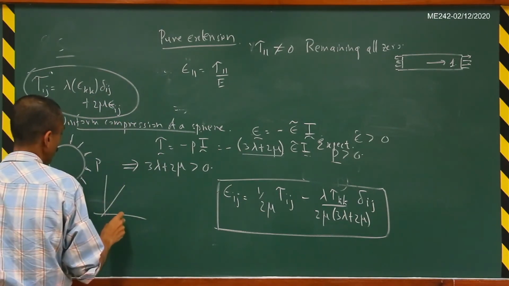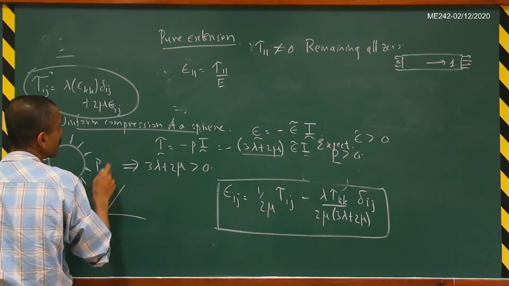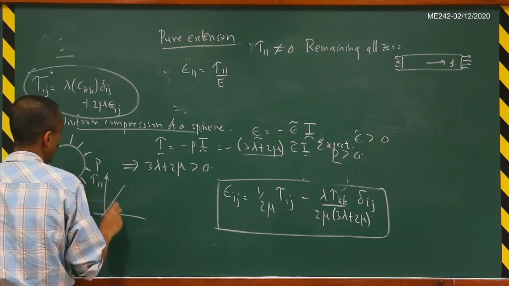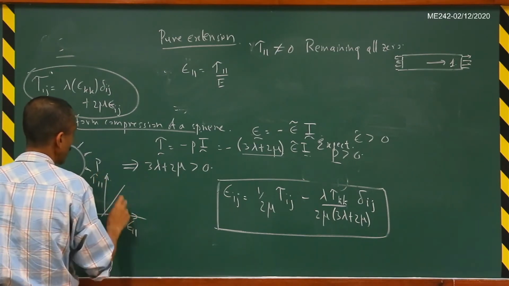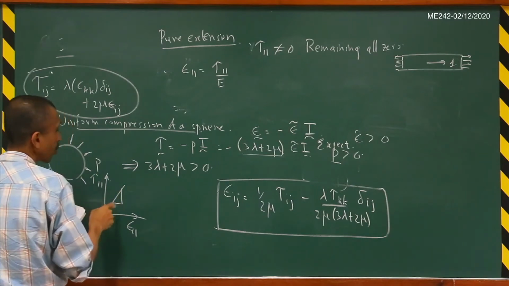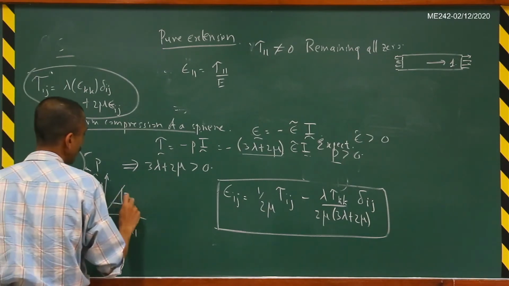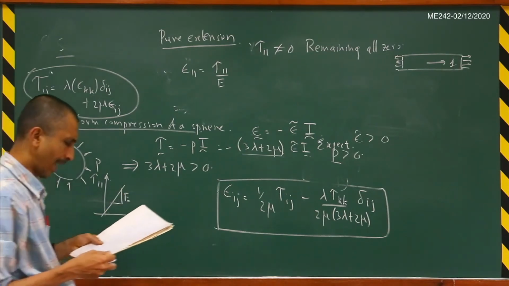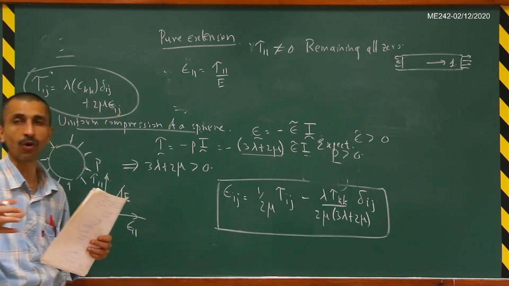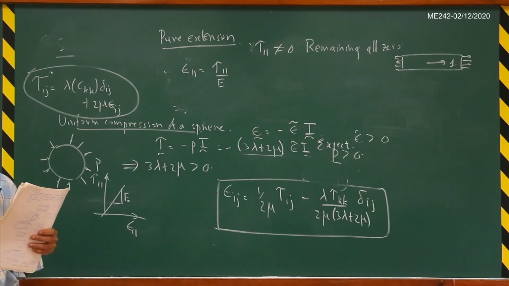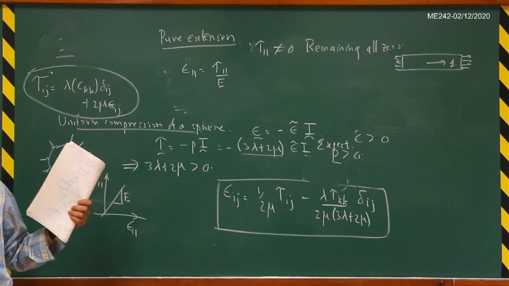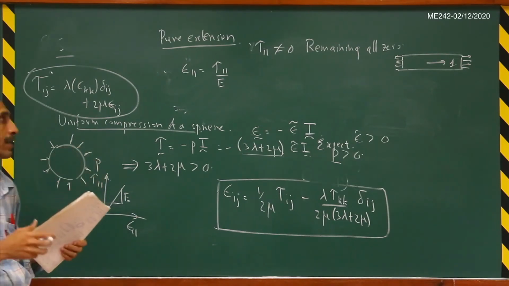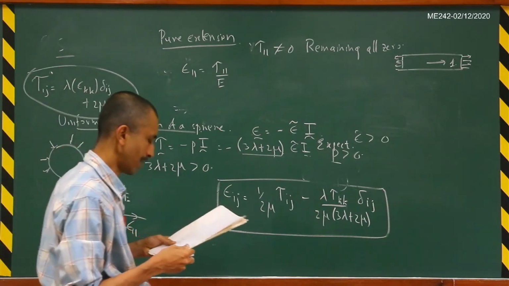So this is my stress, tau 11, and this is my epsilon 11, and so I define the slope of that as E, correct? So this epsilon 11 is tau 11 by E, and we define the Poisson ratio as the lateral contraction, right? So if you are pulling this, then there is a lateral contraction. So that contraction we are defining as the Poisson ratio.